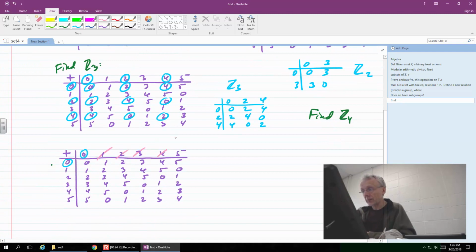The 5 has not been listed anywhere. Why is that? How many times do you have to add 5 to itself in order to get 0? 6 again, right. So in a way, it is the same as 1.